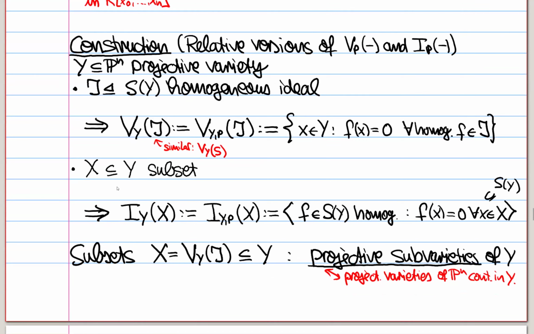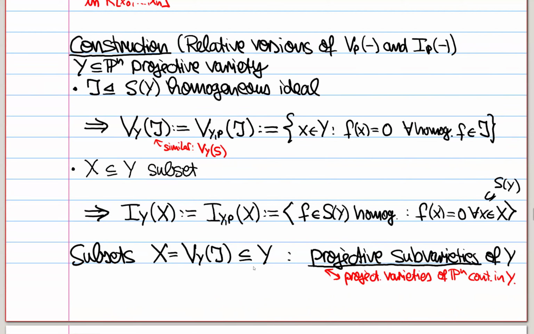And similarly, if X in Y is any subset, then its vanishing ideal is defined as the ideal generated by all homogeneous elements of the coordinate ring vanishing at all the points of X. And so this is clearly a homogeneous ideal inside S(Y).